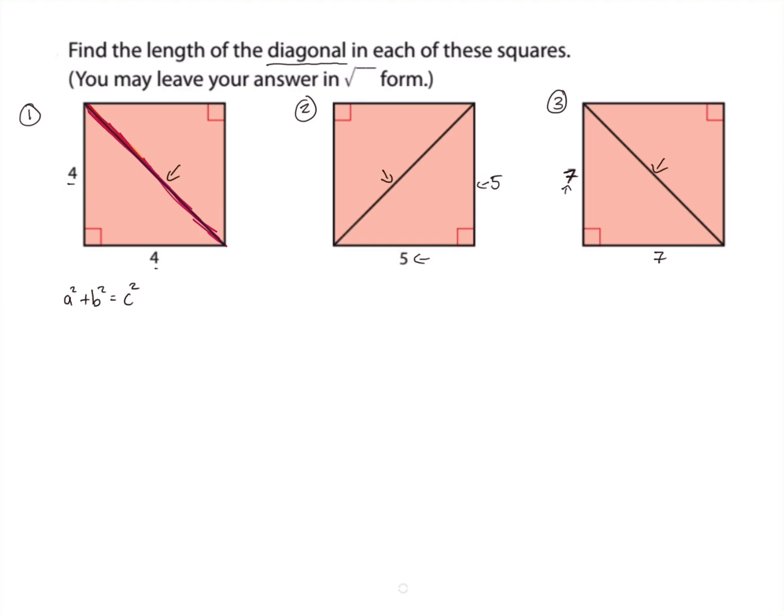So using Pythagoras, I'd like you to try and pause the video now and find out the length of the diagonal, all right, which is c. That will be c in Pythagoras' theorem. So if you know how to use Pythagoras' theorem, pause the video now, try and do these three questions. They're like your starter questions.